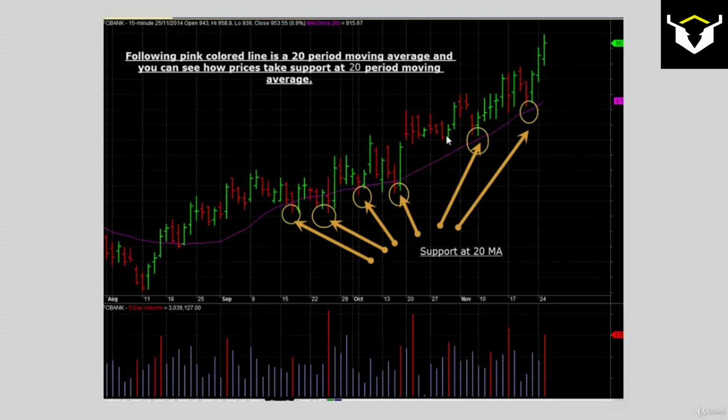Thus you can see prices respected the levels of the 20-day moving average.